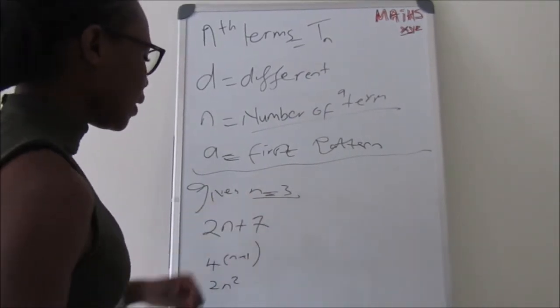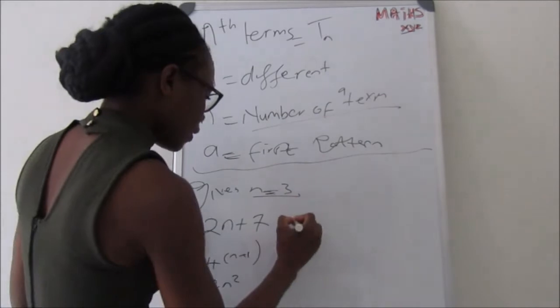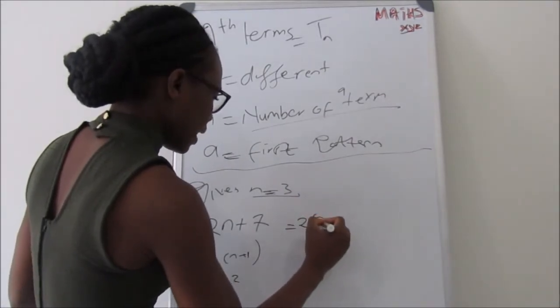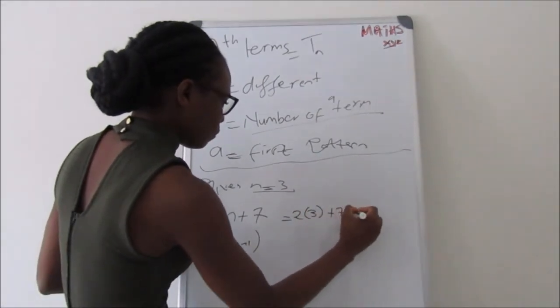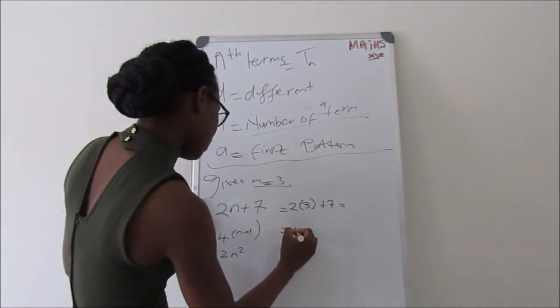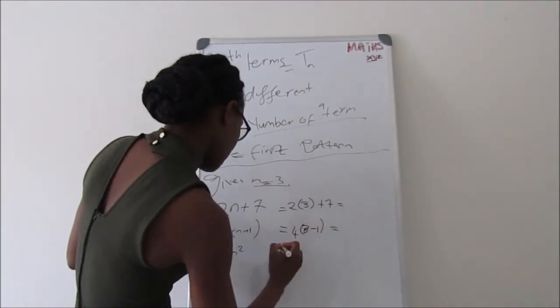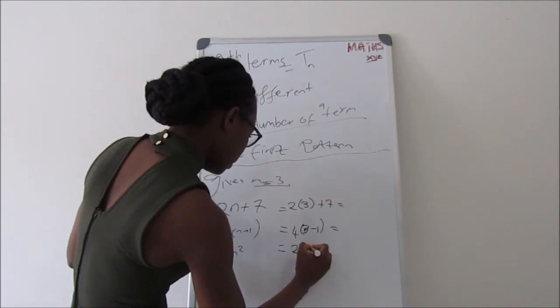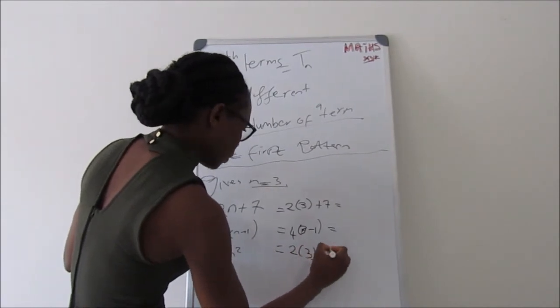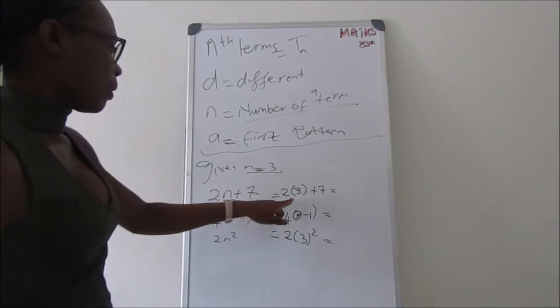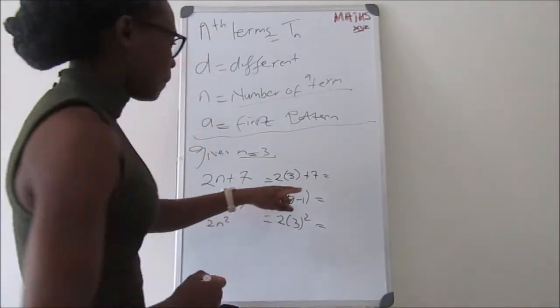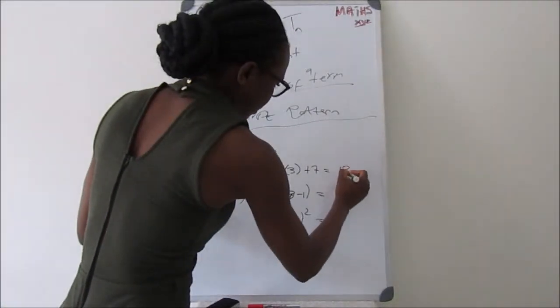Remember, we have already been given n as 3, so that means we replace n by 3. So it will be 2 times 3 plus 7, then 4 into 3 minus 1, and then 2 times 3 squared. 2 by 3 is 6, plus 7 gives us 13.